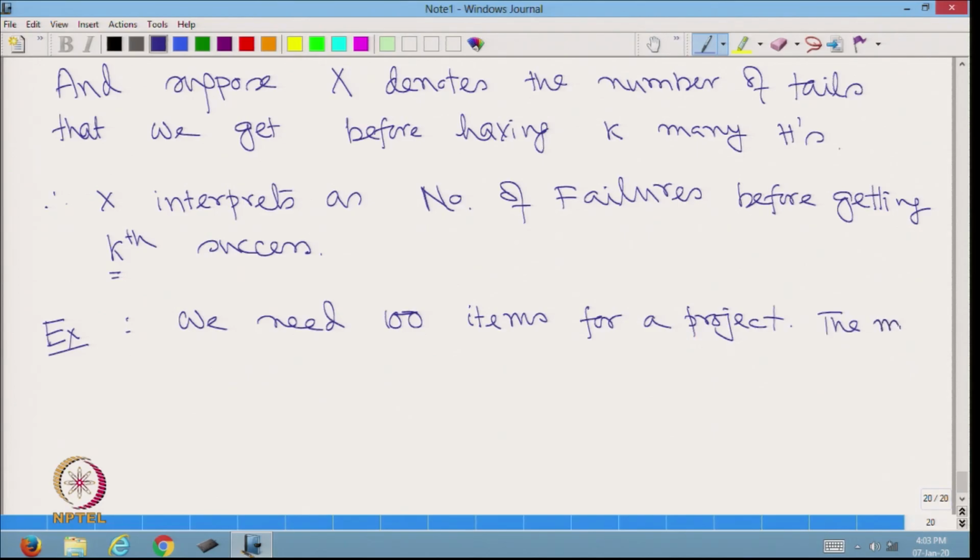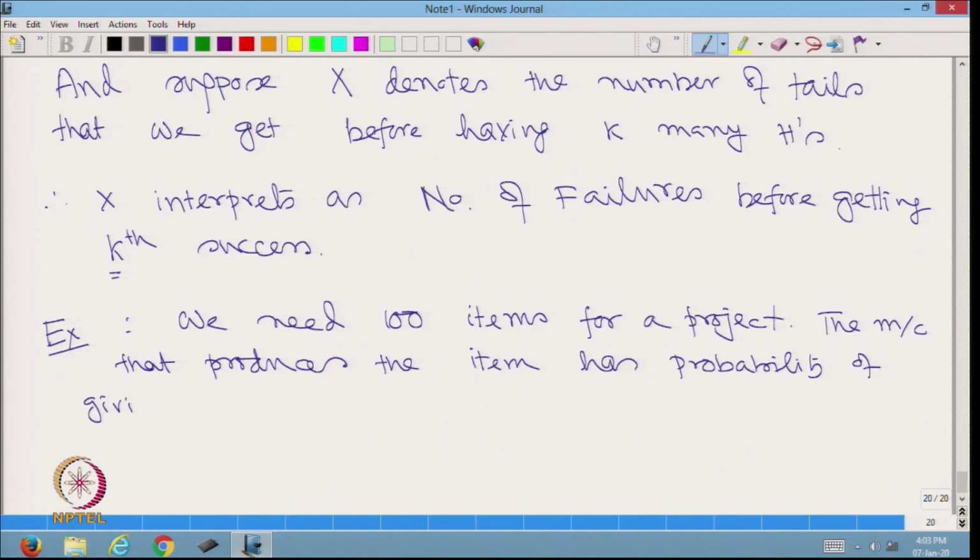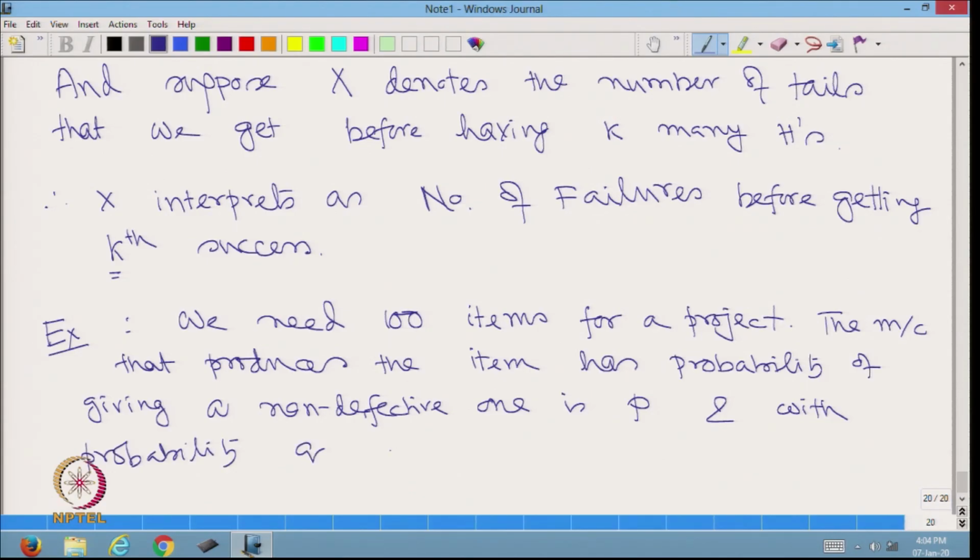The machine that produces the item has probability p of giving a non-defective one, and with probability q it produces a defective one.